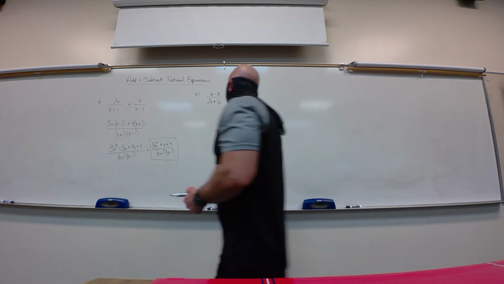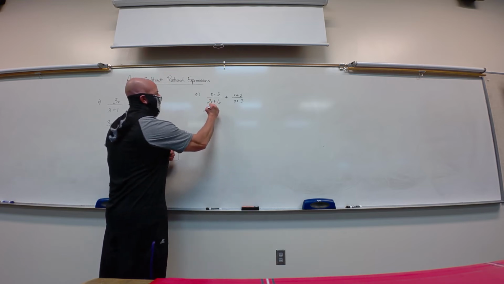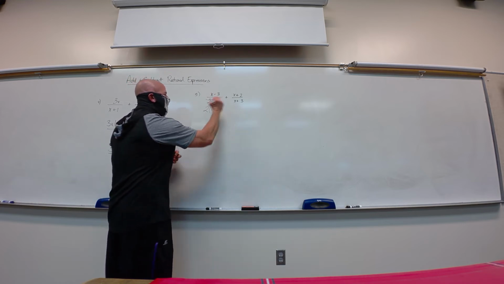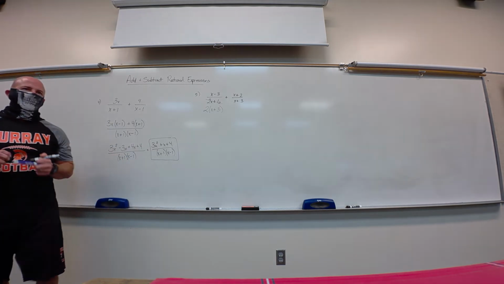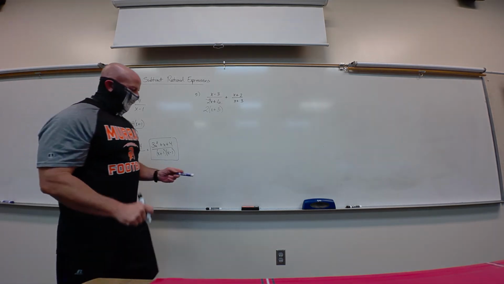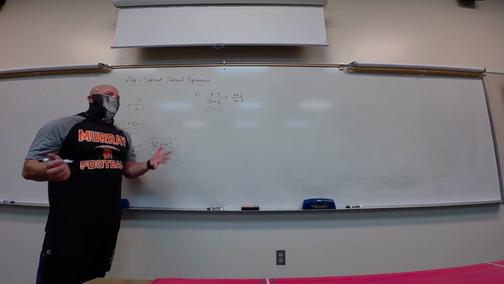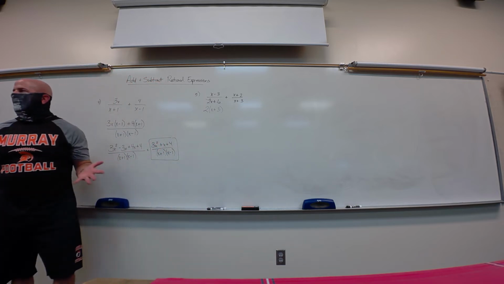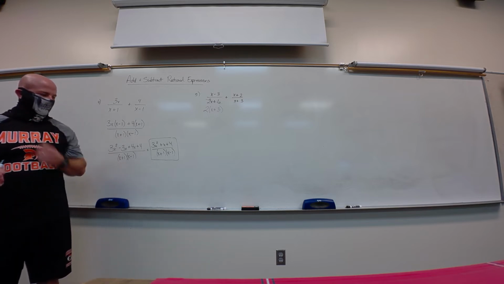I can factor that to 2 times x plus 3. I need to know what I'm dealing with. I need that simplified form. For the previous section, when you simplified, multiplied, divided, you got it factored out so you knew what you were dealing with. Same thing's happening here. If something factors, take care of it.